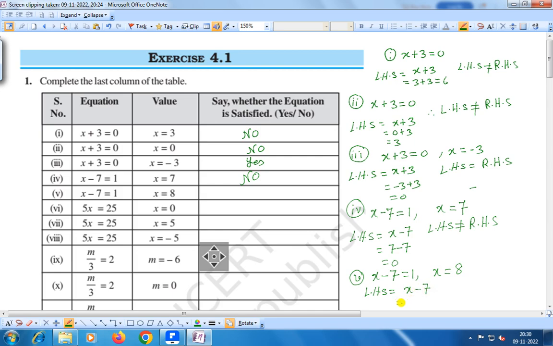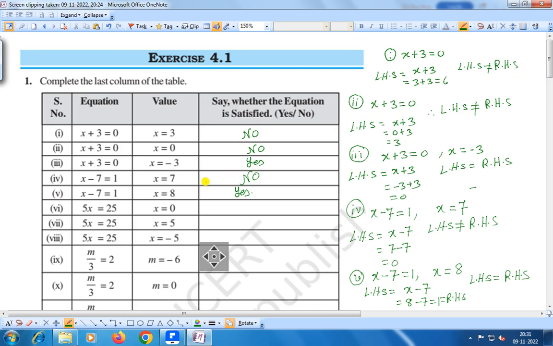The value of x is 8, so 8 minus 7 is equal to 1, which is equal to right hand side. Therefore left hand side is equal to right hand side, and the equation is satisfied. That is yes.